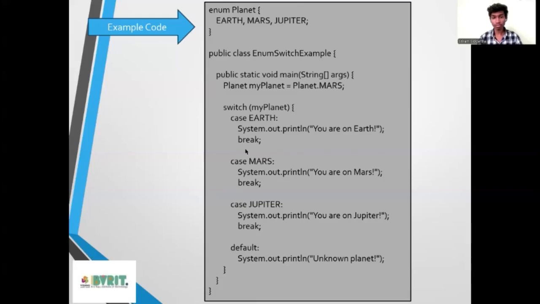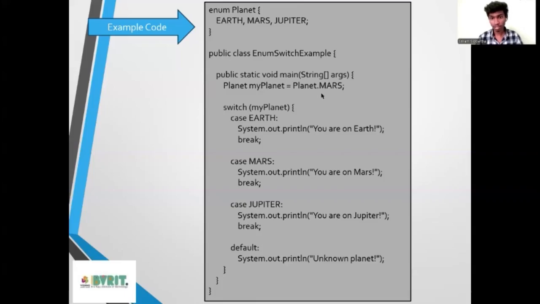The same follows with case Mars: we print "You are on Mars" and then break. We do the same with Jupiter, and break. We know how switch statements work, right? So we have a default. If the value we enter is not any of these, then the default statement will be executed. It will print "Unknown planet".